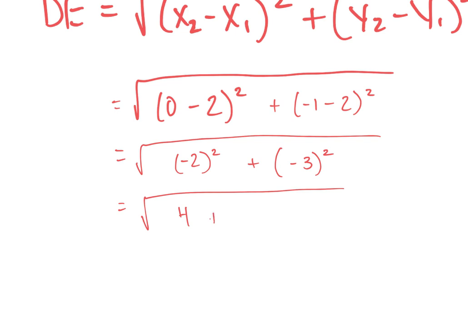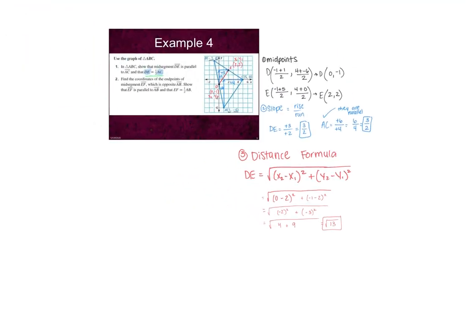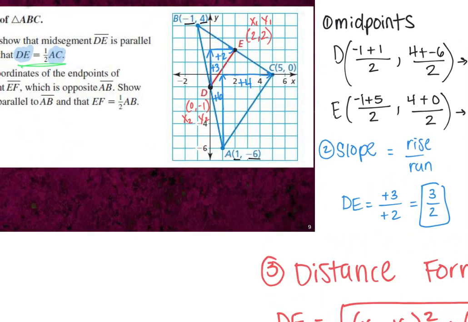And then plus -3 times -3? +9. So this is the square root of what? 4 plus 9? 13. Is that a perfect square? No. Can it be simplified? No. So just leave it. It doesn't have any factors. Does 13 have any factors other than 1? No. So you can't break it down at all. All right, so then the next one, we have to compare that to what length?